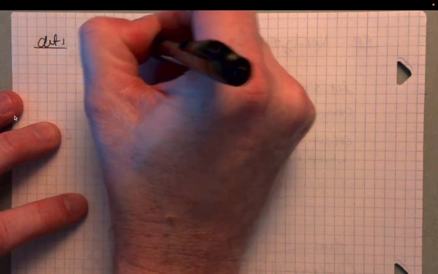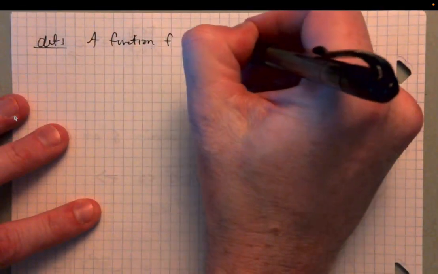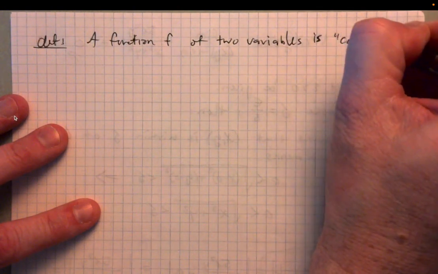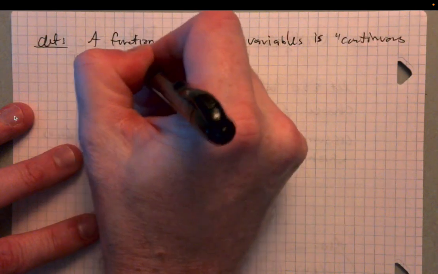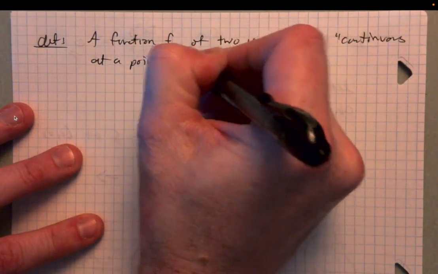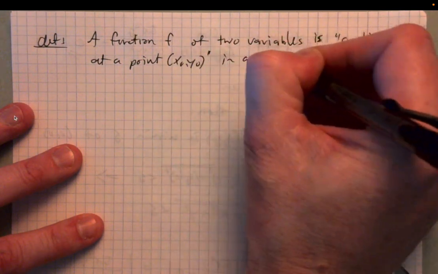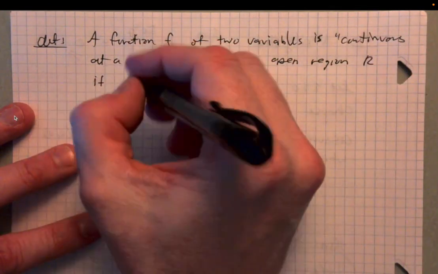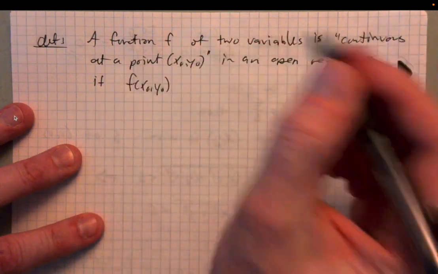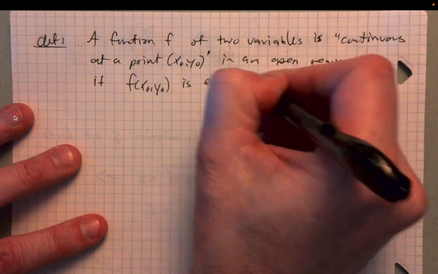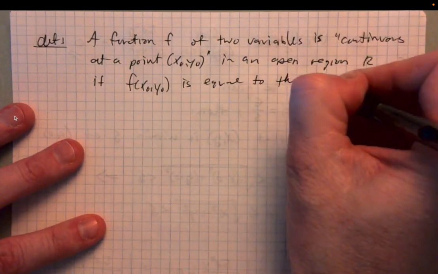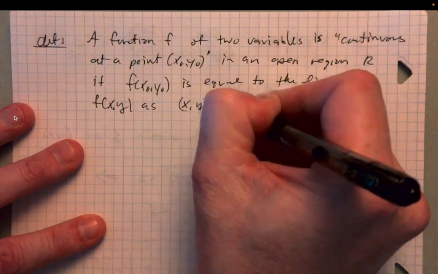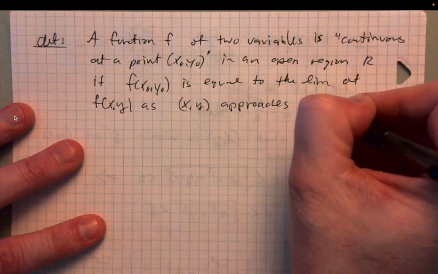So a function f of 2 variables is continuous at a point x naught y naught in an open region R if f of x naught y naught is equal to the limit of f of x y as x y approaches x naught y naught.